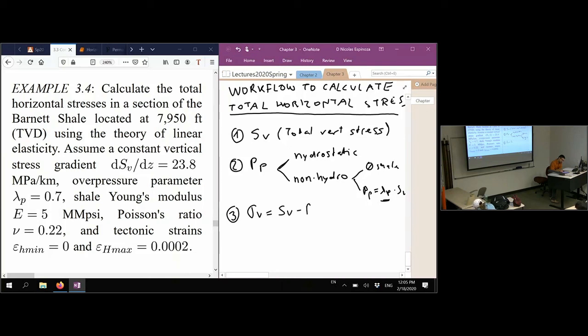Number 3, knowing your total vertical stress and your pore pressure, just calculate effective vertical stress, and only after you do that, you're in conditions to calculate sigma H max and sigma H min.